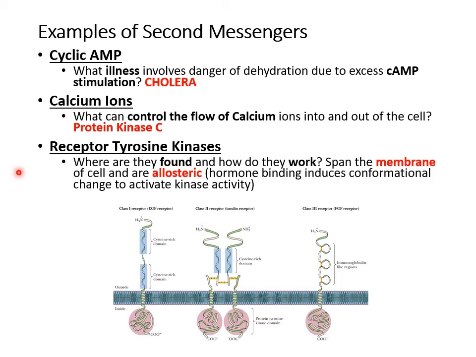So cholera produces a toxin that will destroy G proteins, and that basically leaves you with excess stimulation of adenylate cyclase and basically chronic elevation of cAMP levels.